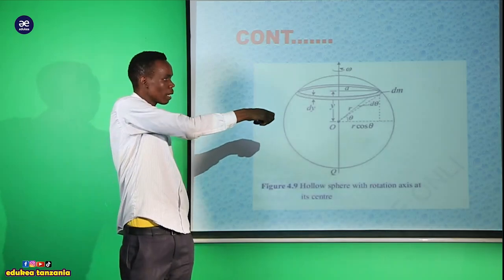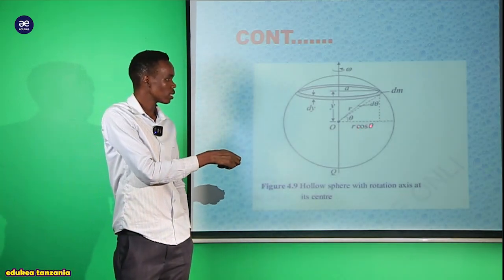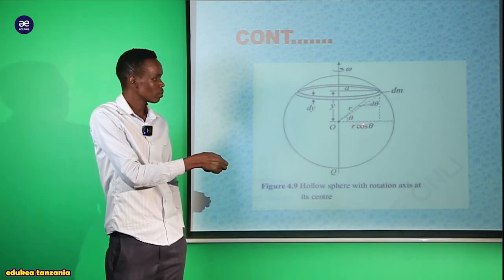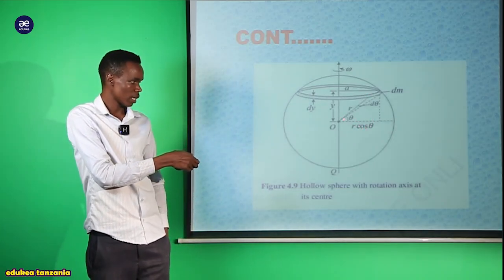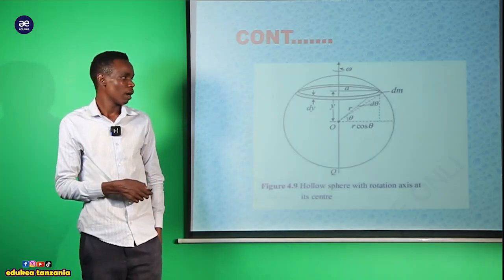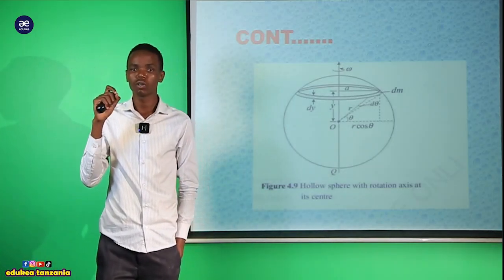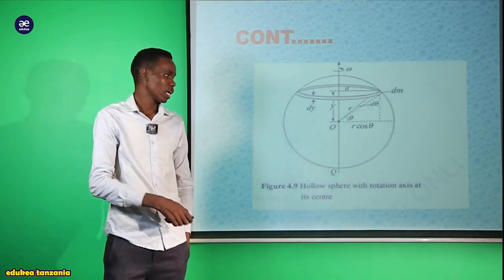Now if we resolve here, because the distance from the center up to there equals r, this is the adjacent. The relationship between the adjacent and the hypotenuse, which is equal to r, must be cosine theta. So cosine theta must be equal to the adjacent divided by r.